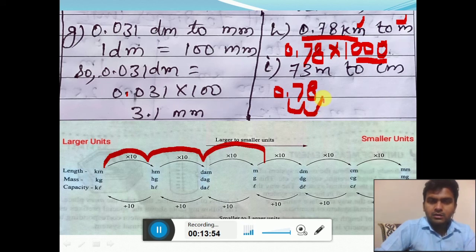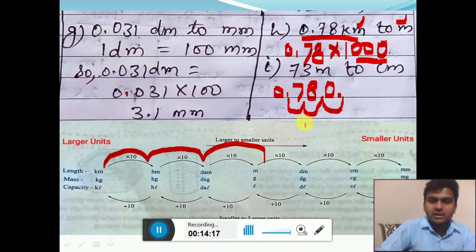But to move the decimal third place, there is no number, so we will add 0 after 8. So this decimal point which is here will move 3 places. After 3 places, this decimal point will reach this place.